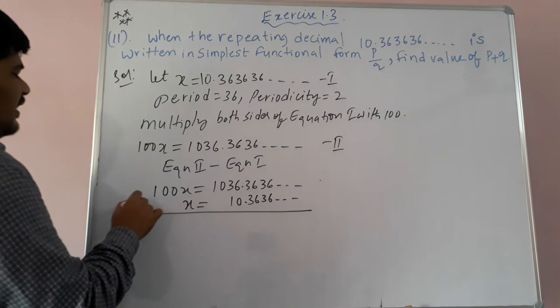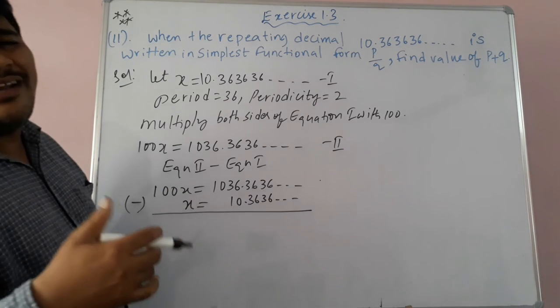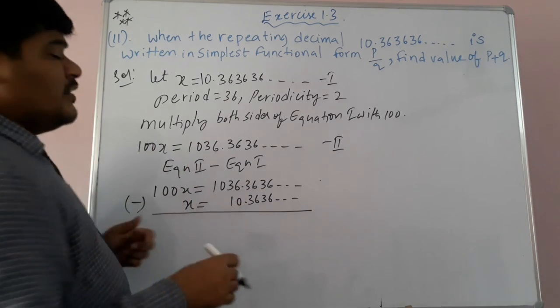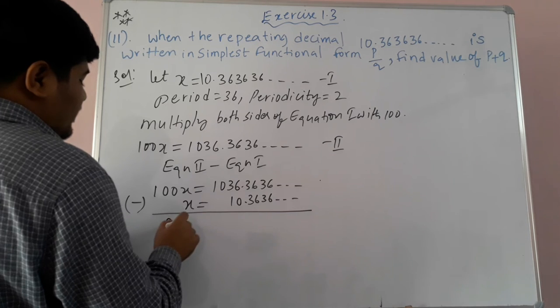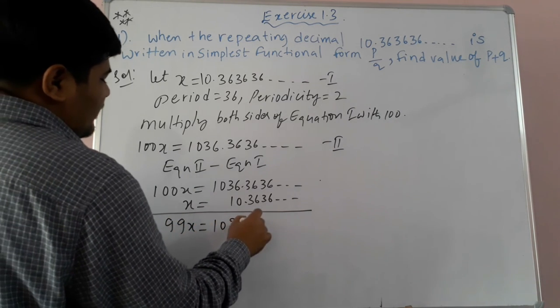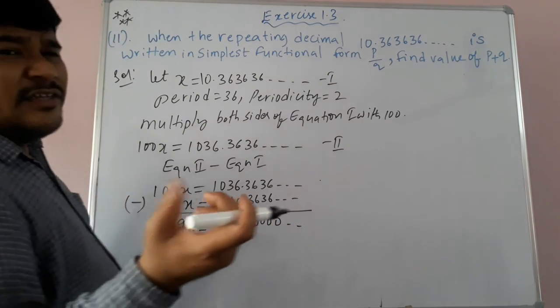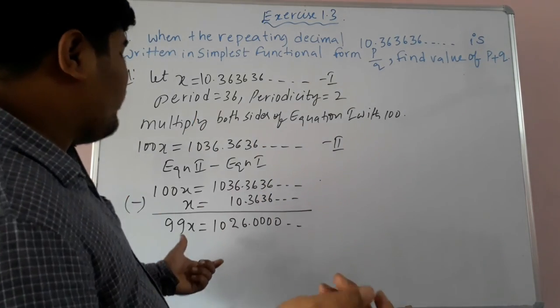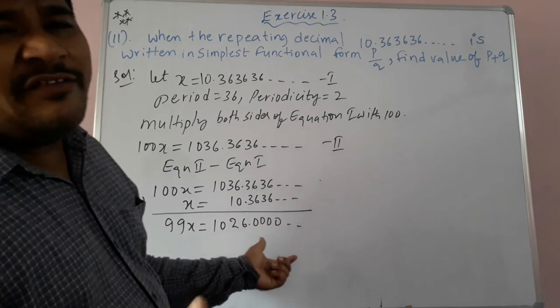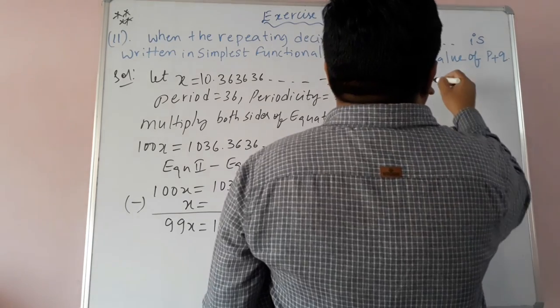So we are subtracting the first equation from the second equation. 100x minus x, children. Minus x means that's nothing but 1x. So 100x minus 1x is 99x, that is equal to 1026.000 and so on. So children, after the decimal point those zeros are not valid, means these are not having any value. So we will write 99x is equal to 1026.